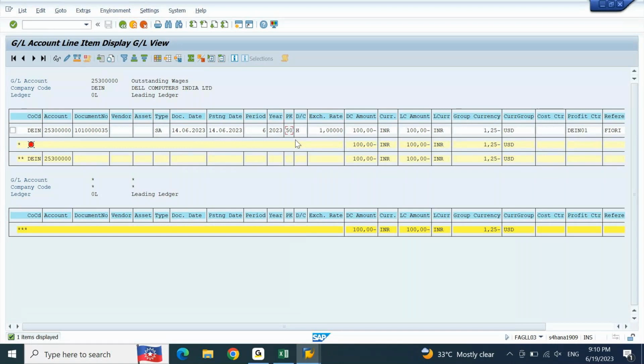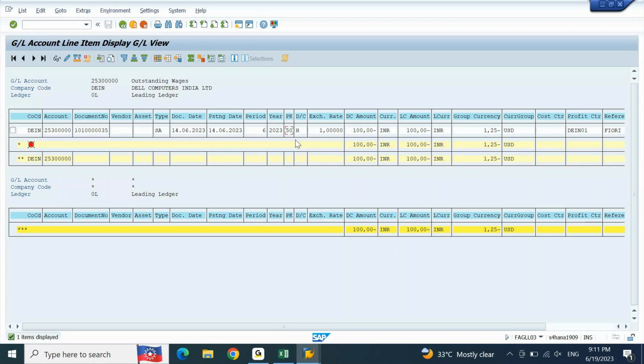Currently, if you have a positive number, to make it zero, you need to put a negative number. On the other side, if your current number is negative, you need to put a positive number. Negative number is a credit number, positive number is a debit number. Clear? In your entire SAP, debit means positive number, credit means negative number.